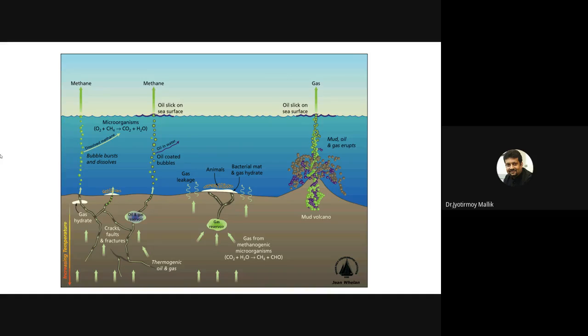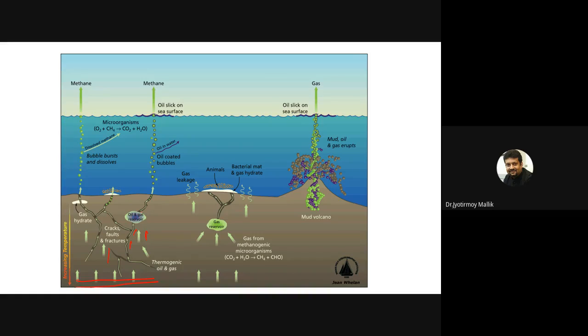So this explains what essentially is happening around here. You can see that the thermogenic oil and gas is generated in the source rock, and then it moves up. This is the migration that we have talked about. If there is a fault and fracture plane, it moves quickly.